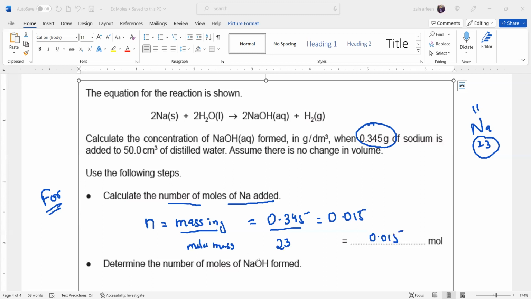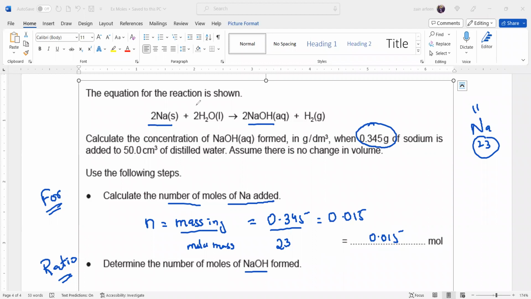The second part, we have to determine the moles of sodium hydroxide. The first part is by formula, the second part is by ratio. So what ratio will we take between which two reagents? Because we have the moles of sodium, we'll take a ratio between sodium and sodium hydroxide.